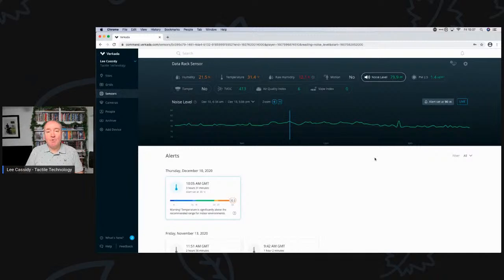So it's quite important for you to understand the environment around you, and understanding if you're hitting that 85 to 90 decibels, it is going to damage your ears. So you can keep an eye on it for yourselves, but also for your employees. I think it's quite important that you understand the environment your employees are working within, and you can actually give them that correct advice and insight into what they should be wearing in that environment.